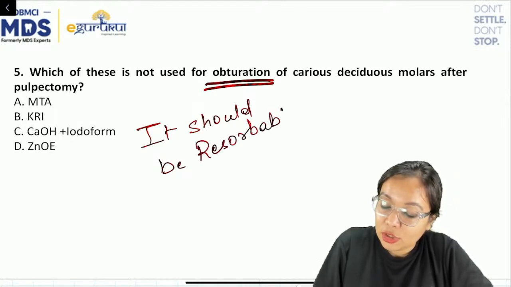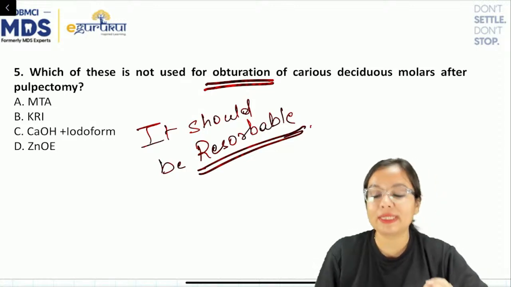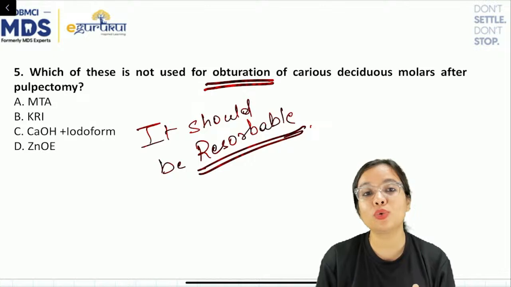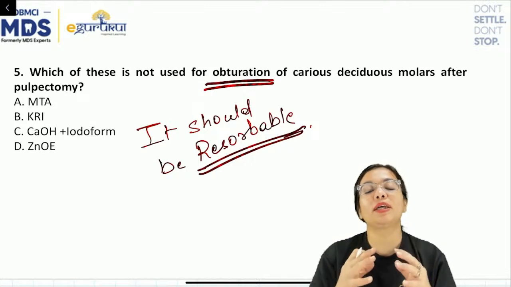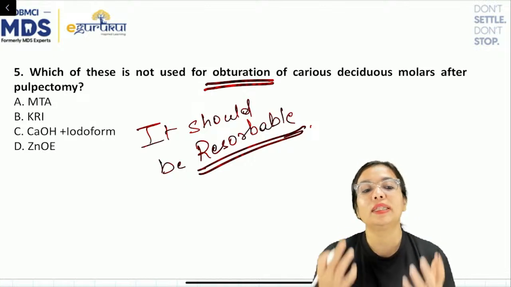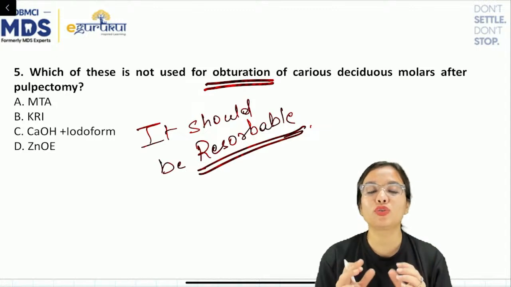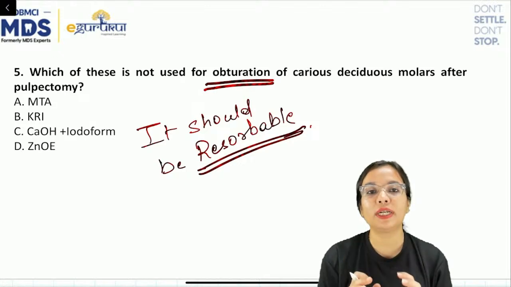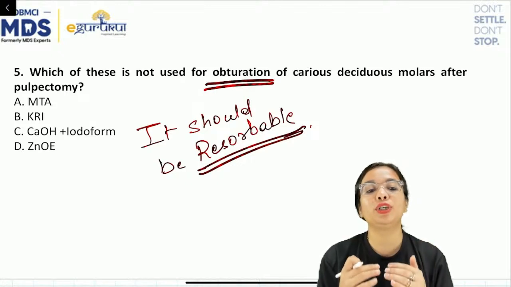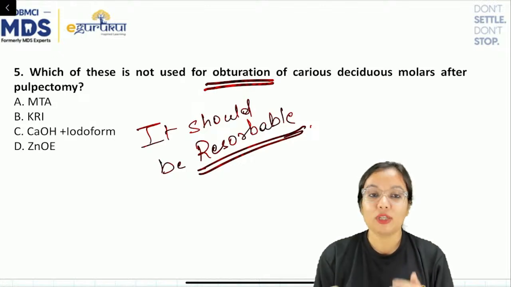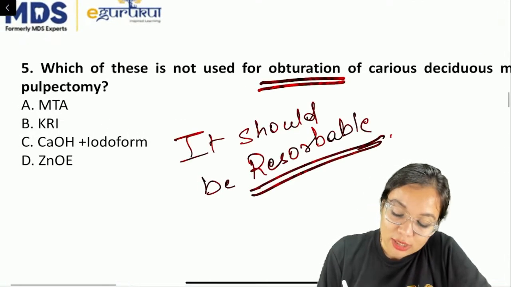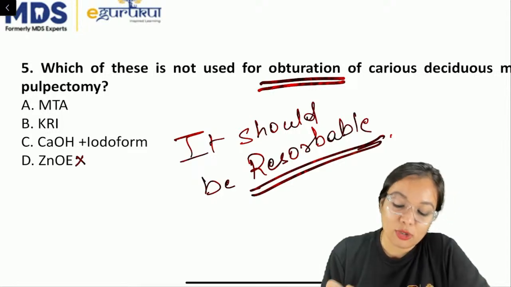So the material should be able to resorb itself on its own, okay, because the deciduous tooth is resorbing with time. There is physiological resorption that is occurring in a deciduous tooth. So it resorbs with time, and the material that you use to obturate it should also have the capacity to resorb.